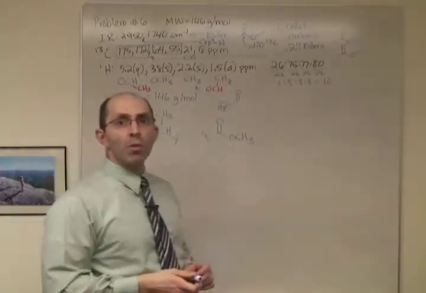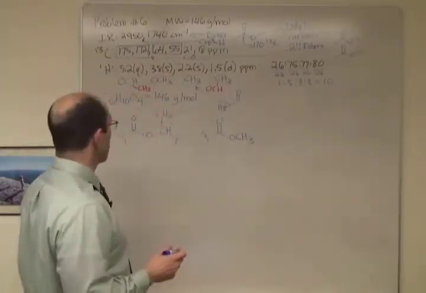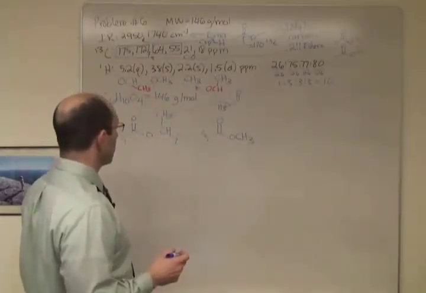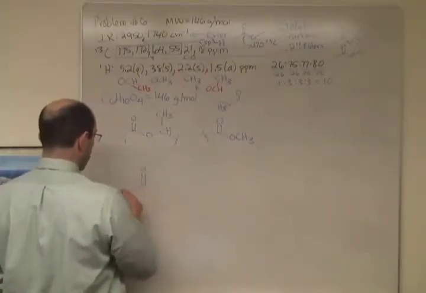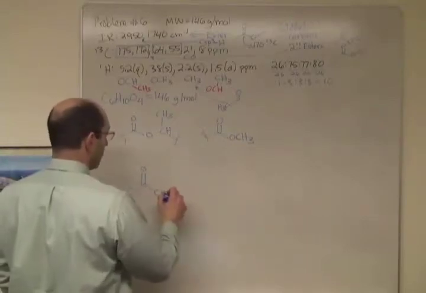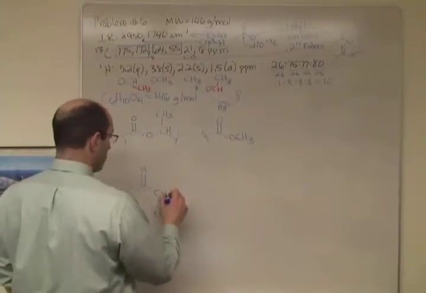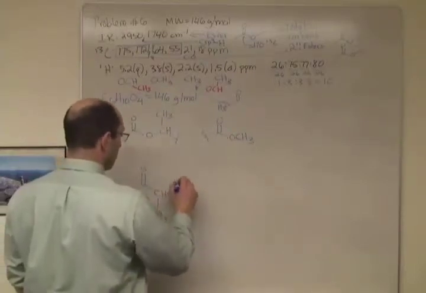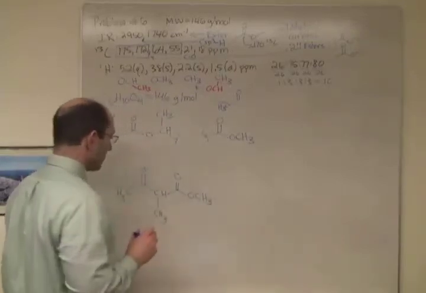So with all of that information, we can start drawing out some structures. Based on what we just said, I think we can say we have a CH3 there, CH attached to CH3, and then the CH is attached to the carbonyl, and then that's attached to OCH3.